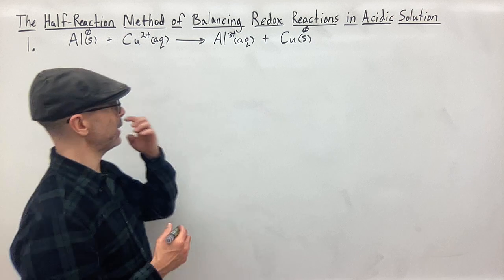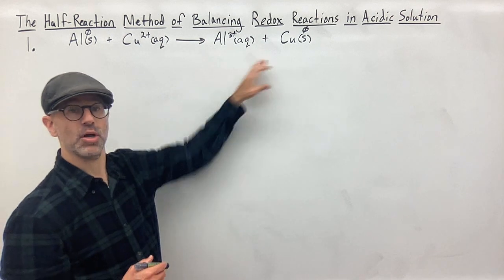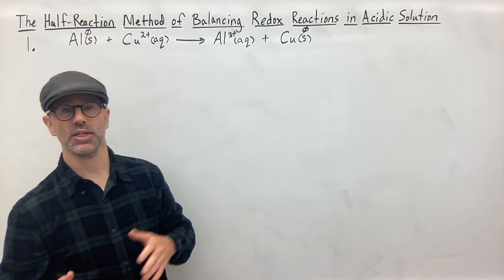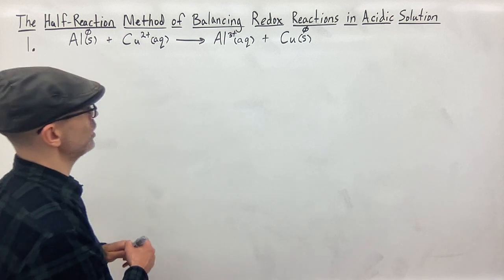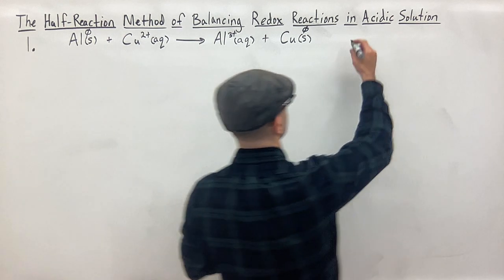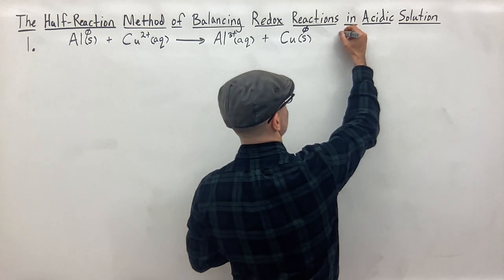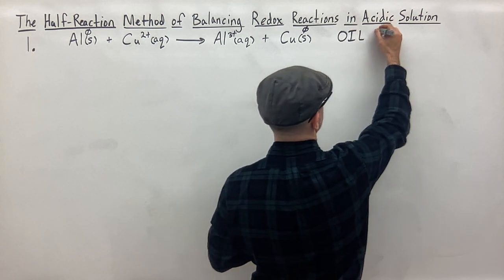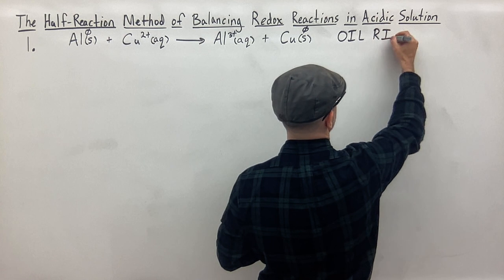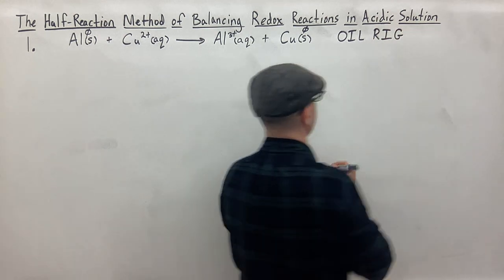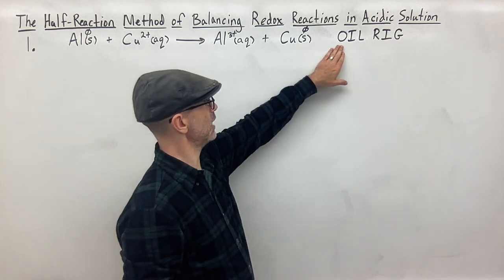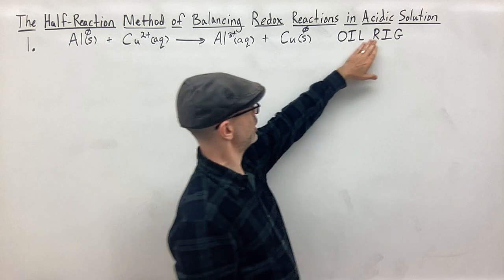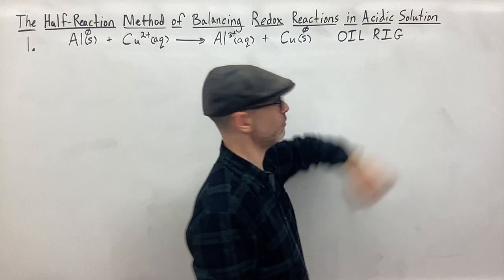Now that we have the oxidation states set up, we can figure out what is undergoing oxidation and what's undergoing reduction. And what's going to help us here are these mnemonic devices. Either you could use OIL RIG, where OIL stands for oxidation is loss of electrons, and reduction is gain of electrons.